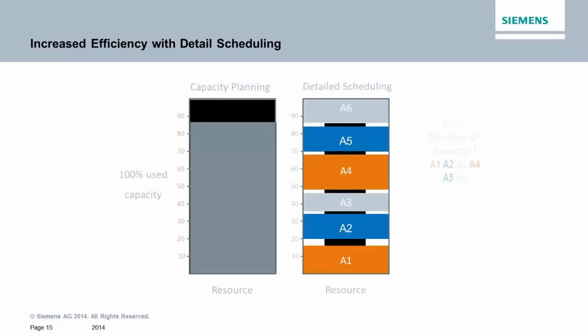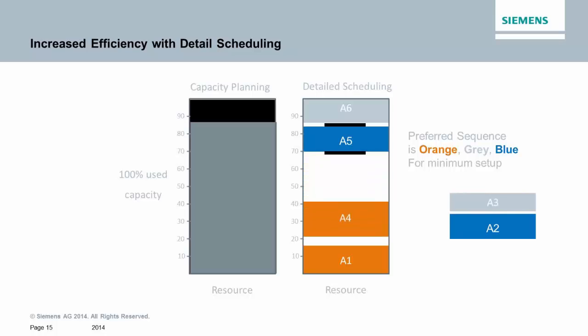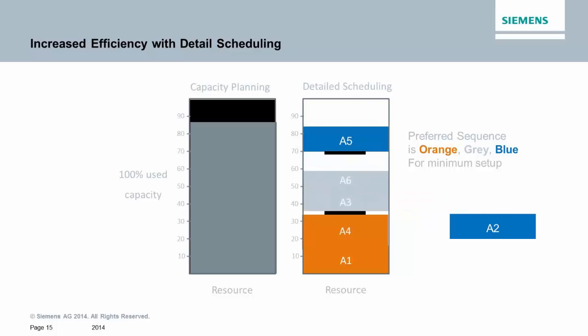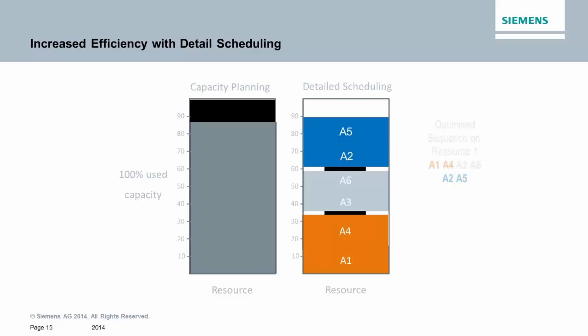What we can do is, with detailed scheduling, we can take things and group them together. Let's group our orange product here, reduce the setup time. By grouping them together, we eliminate setup time. Group the gray, the blue.